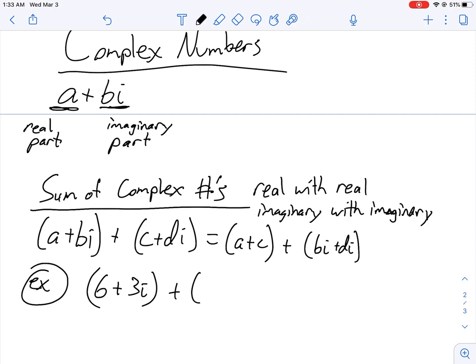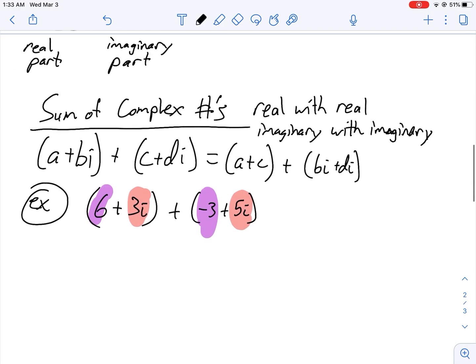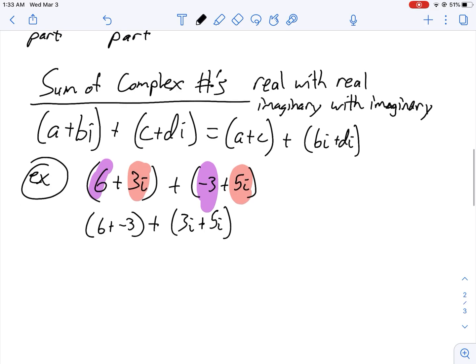I'm going to add, let's go with negative 3 plus 5i. The reals go with the reals. The imaginaries go with the imaginaries. They don't get to intermingle here. 6 plus negative 3 plus 3i plus 5i. And I'm sure you can do this portion in your head. 6 plus negative 3 is 3. 3i plus 5i is 8i.